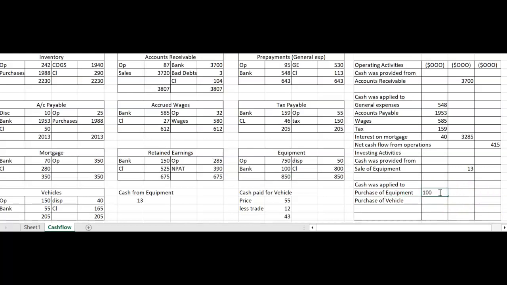So that 100,000 is this figure here. The purchase of the vehicle was at 43. Add those two up. And our net cash flow, we had in minus what we paid.